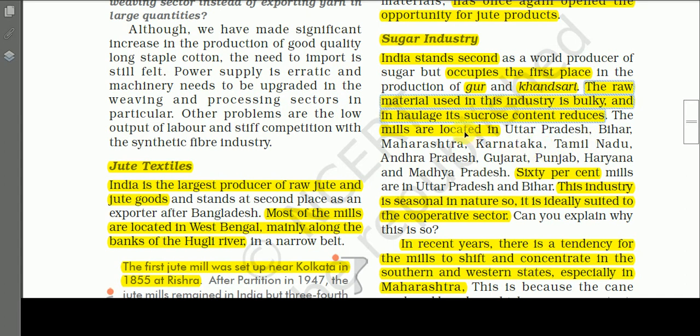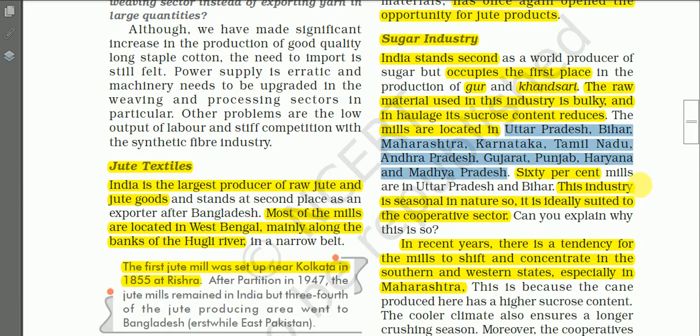So these mills are located in Uttar Pradesh, Bihar, Maharashtra, Karnataka, Tamil Nadu, Andhra Pradesh, Gujarat, Punjab, Haryana, and Madhya Pradesh. So in these states we find these sugar mills.